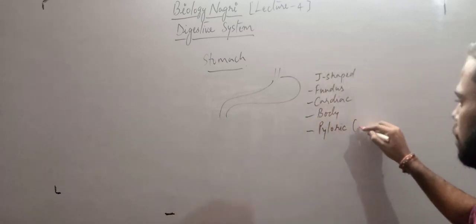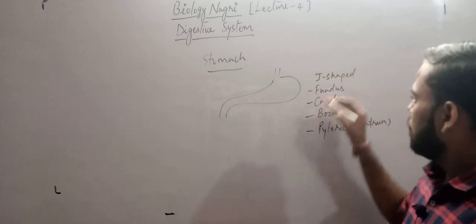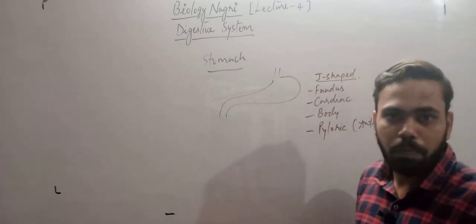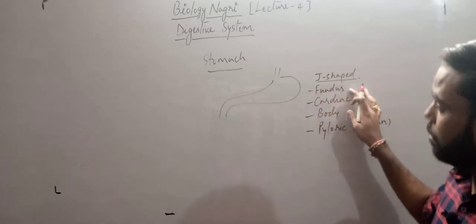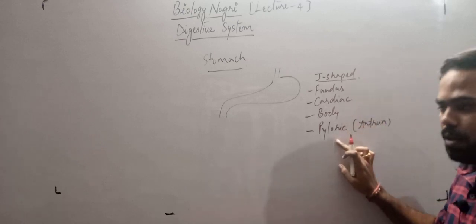The stomach is a J-shaped organ divided into 4 parts: the fundic, the second part cardiac, body, and last the pyloric.